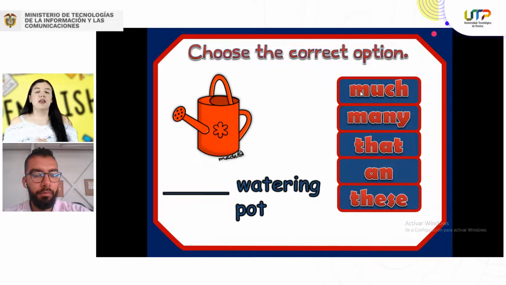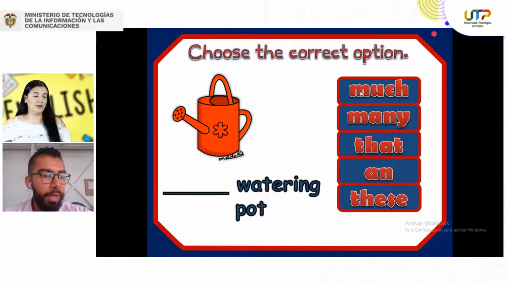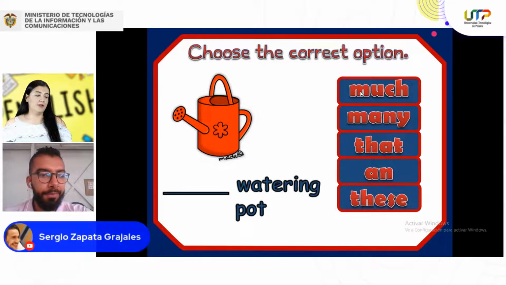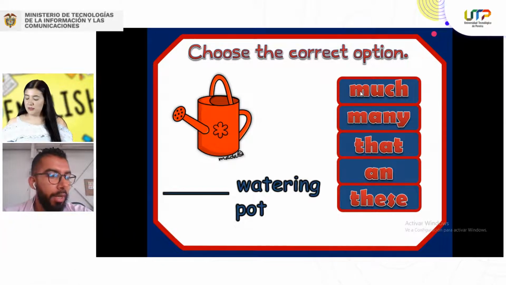What do you guys think is the correct option for watering pot? Brian, do we have any answer in this moment? Yes, 5 people, 6 people wrote that watering pot. Who were those? All right, I'm gonna read their names: Mario, Dana, Sergio, Luisa, Emily, and Isabel Alzate.